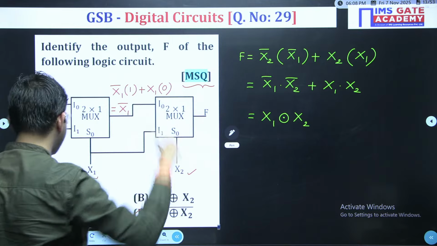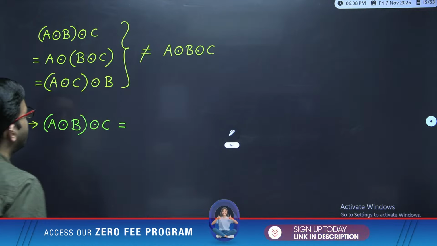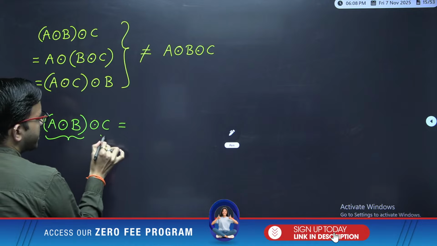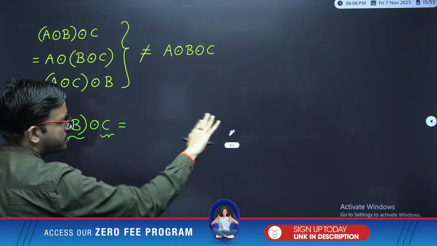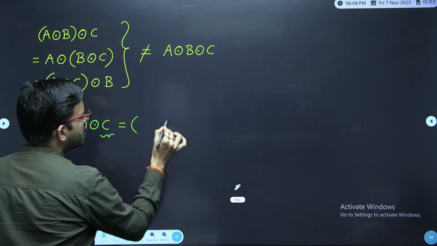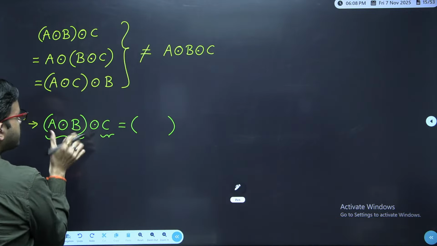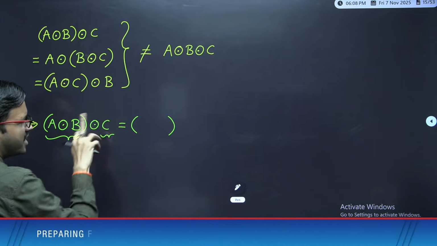Now with the help of this understanding, let us write the expression here. So this is the first term, this is the second term. While writing the XNOR expansion, here this is the first variable, this is the second variable, like that you can treat.